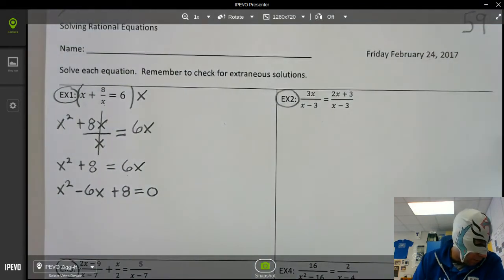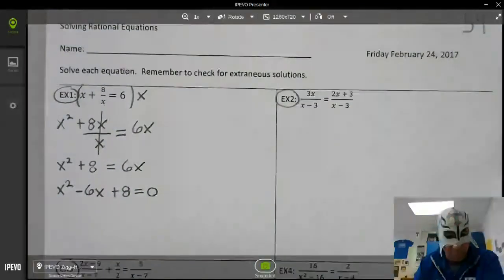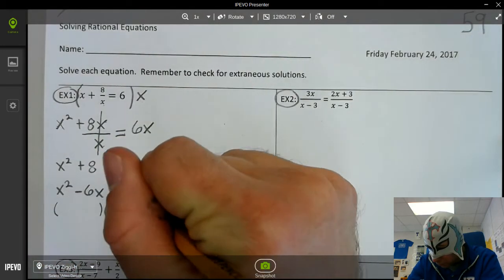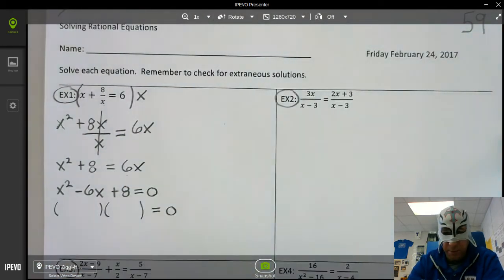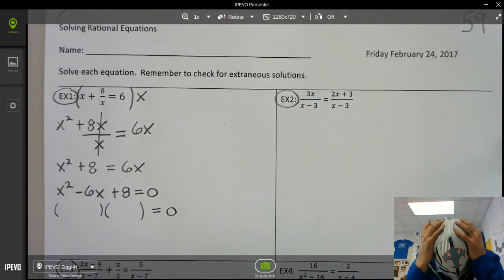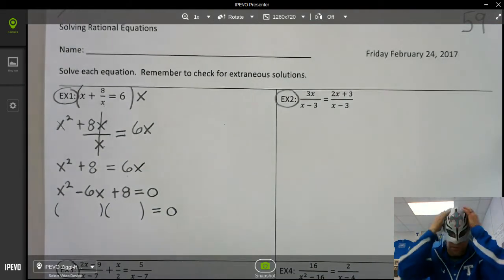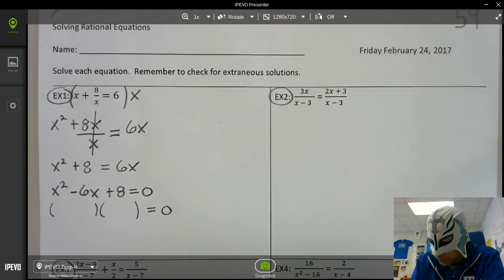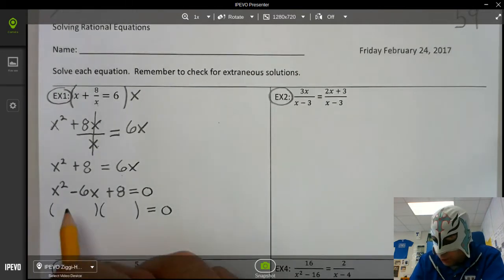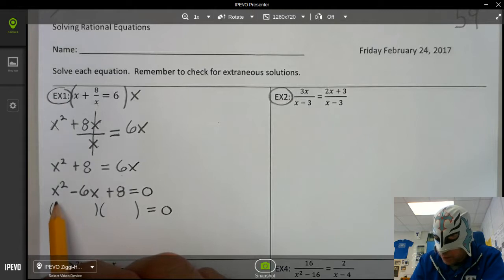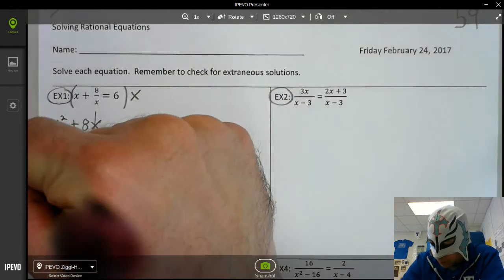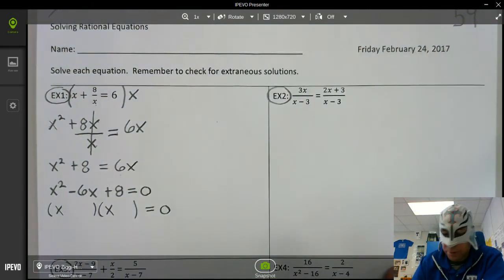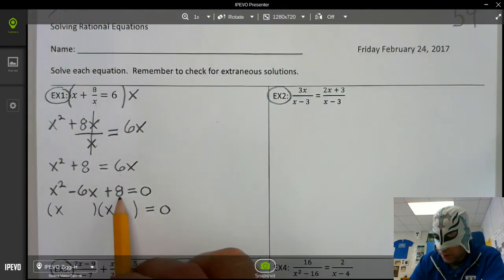Okay? Now, step 6 says factor or use the quadratic formula. So if factorable, we always want to factor, and you want to get used to factoring with parentheses. Now, we know that x times x is x squared. And we need to find all the factors of 8.